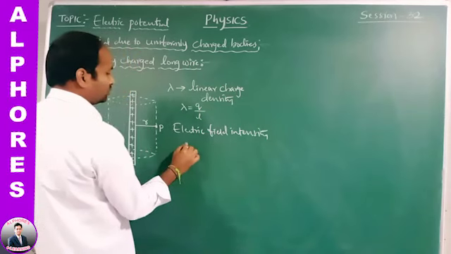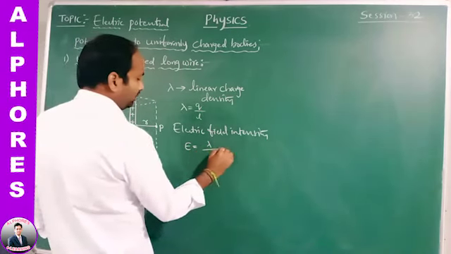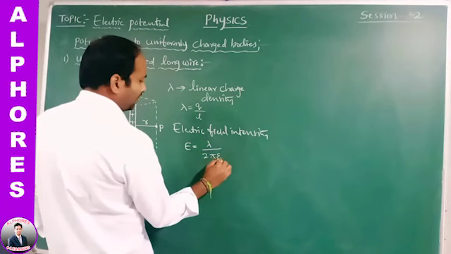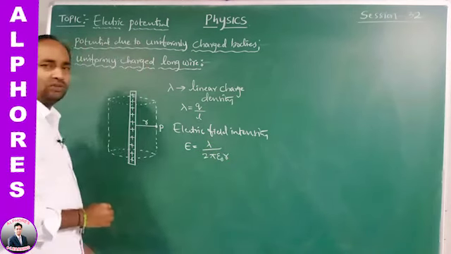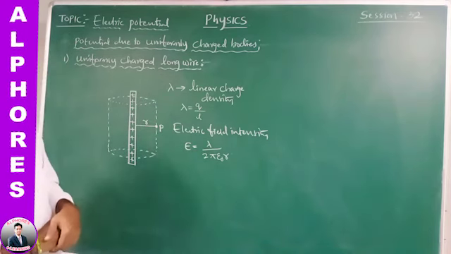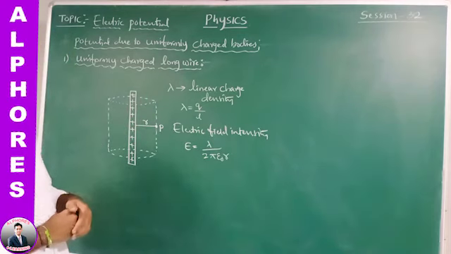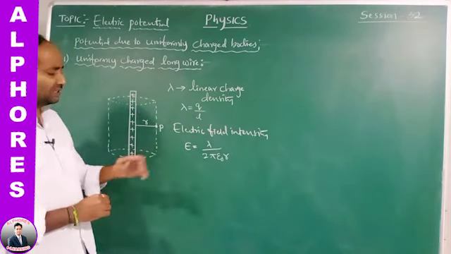E is equal to lambda by 2 pi epsilon naught r. We already proved this using Gauss law, one of the applications of Gauss law.